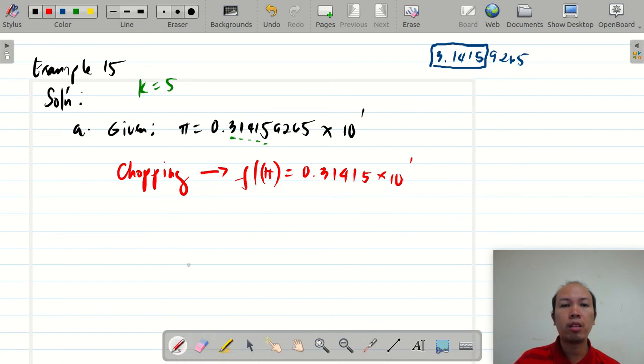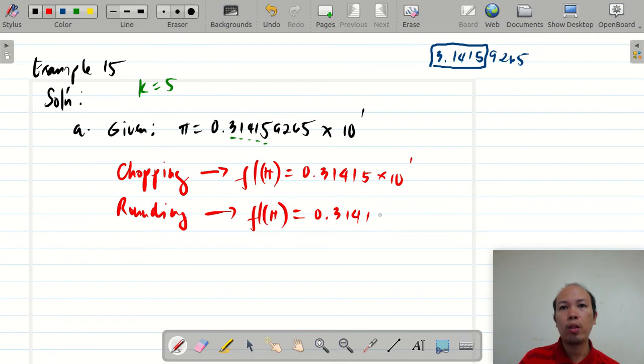For rounding, FL of pi rounded to 5 digits, so the answer is 0.31416 times 10 to the 1.